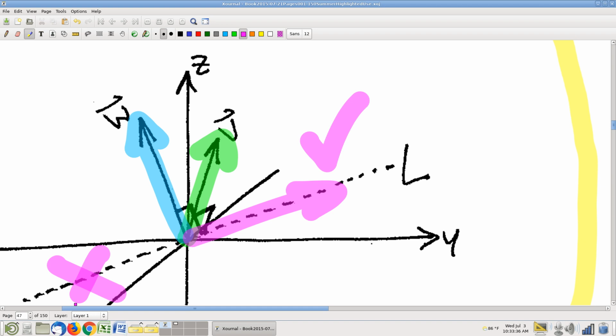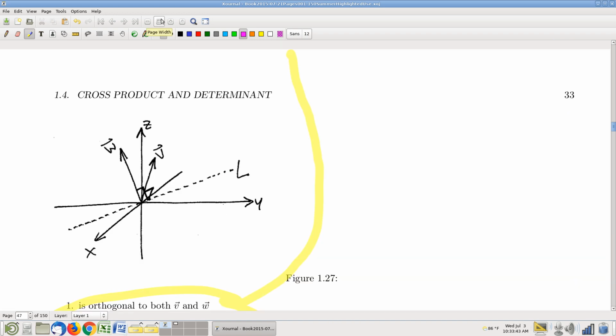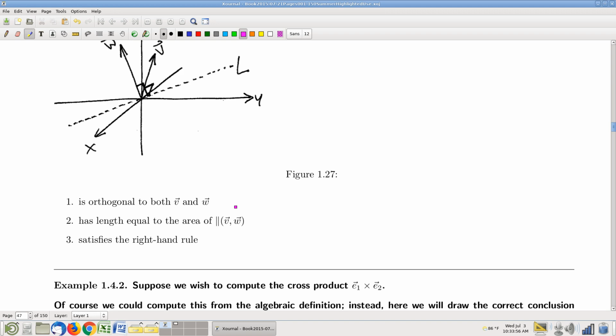What's nice about this is we now have a completely geometric characterization of the cross product, and I think this is very satisfying. We started off with a purely algebraic definition of the cross product: a formula. Now, here's what I can say. The cross product is the unique vector that's orthogonal to both of the input vectors, has length equal to the area of their parallelogram, and satisfies the right-hand rule.